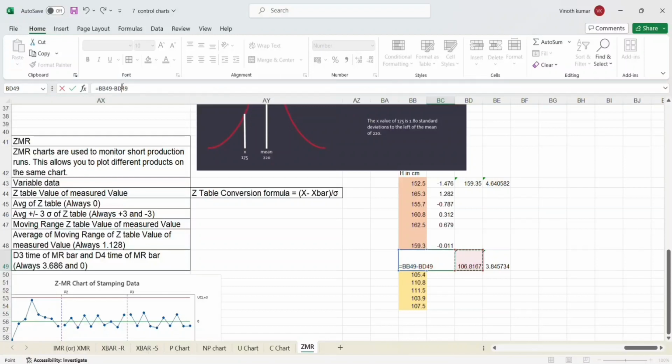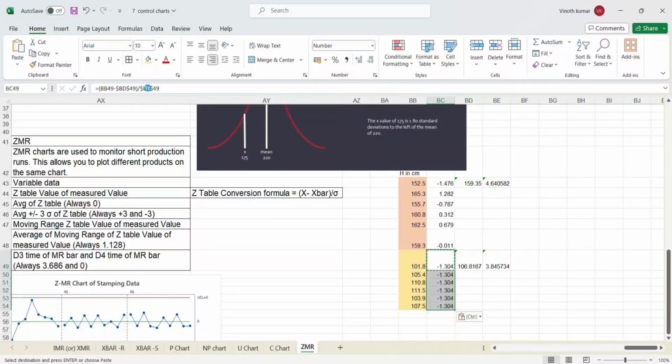Again, for the sake of copy pasting, I'm going to apply the dollar symbol to freeze the cell, divided by standard deviation, again with the dollar symbol to freeze it. Now I copy paste this for all the cells.